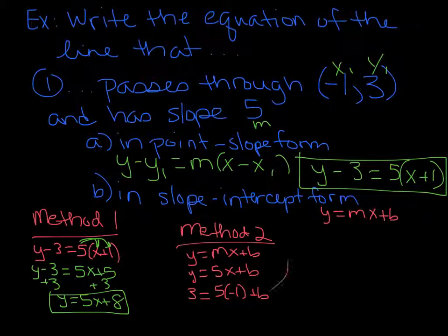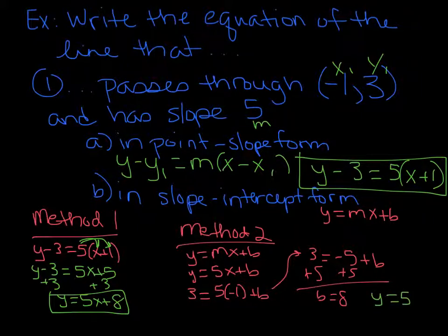In the end, I get 3 equals -5 plus b. Just move over the 5. I end up getting b equals 8. Do not just stop there, or otherwise you'll get the problem wrong, because we're looking for the equation, which is y equals 5x. Now I substitute the b in, plus 8. Either way works. You can use both if you want to, to make sure that you did it right. That also is a good way to do it, but it's your decision.